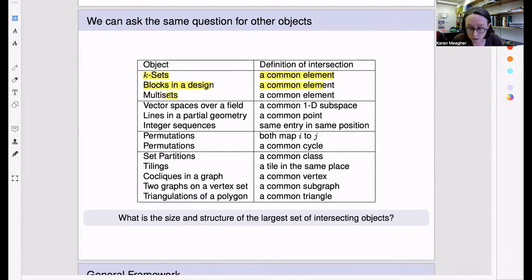We can look at multisets and say two multisets are intersecting if they have a common element. We can look at vector spaces over a field, and we define intersection by the dimension of the intersection. We can look at lines in a partial geometry. We can look at integer sequences, and if they have the same entry in the same position, you can call that intersecting.